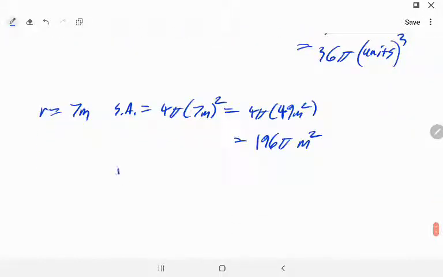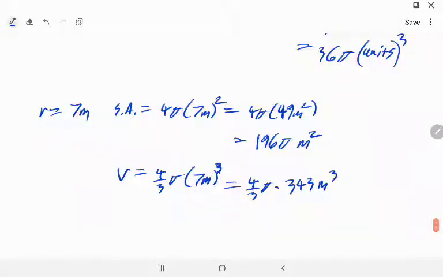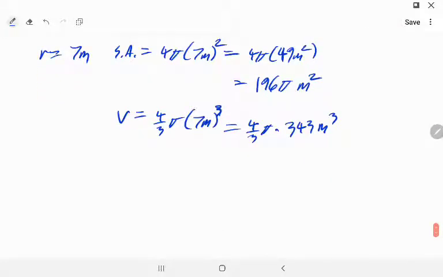And its volume is going to be 4/3 pi times 7 meters cubed. Gives us 4/3 pi times 343 cubic meters, and so we're going to wind up getting 1366 divided by 3 pi meters cubed.